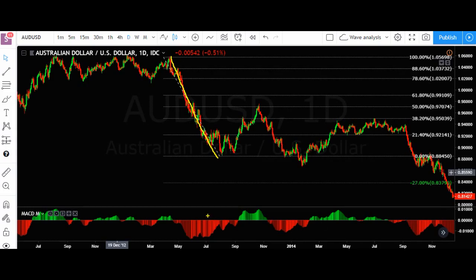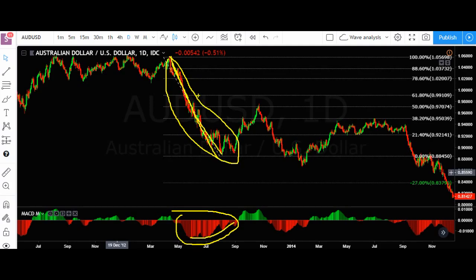And even if you look at your MACD, you will see that the MACD will also be able to tell you exactly what is an impulse. I mean, look how big this MACD is, and how explosive it went, a fast move to the downside.